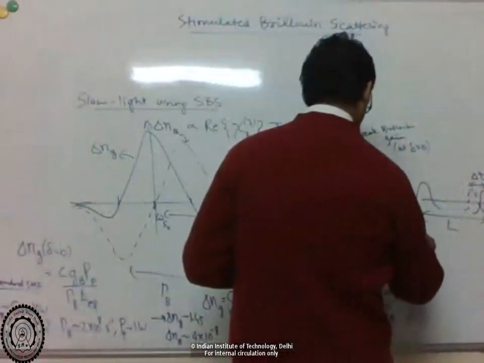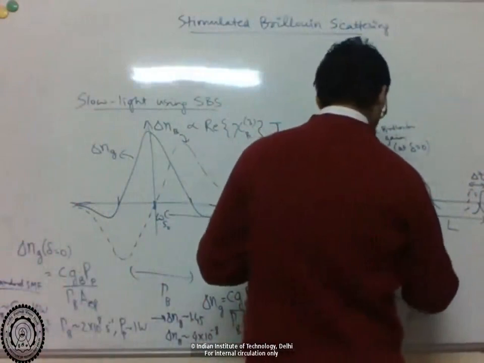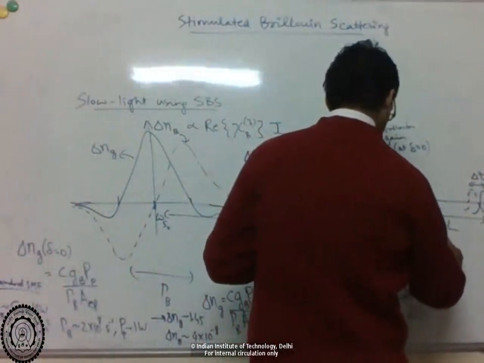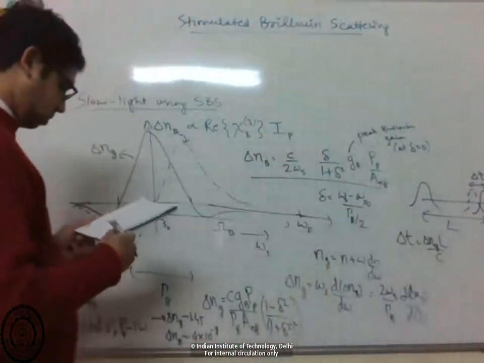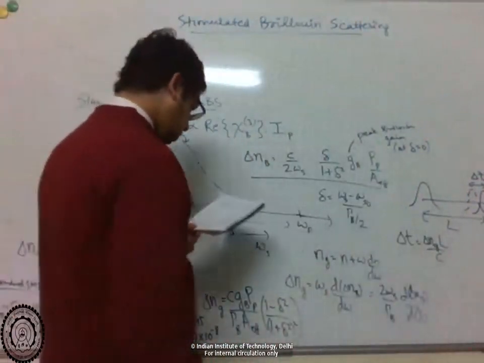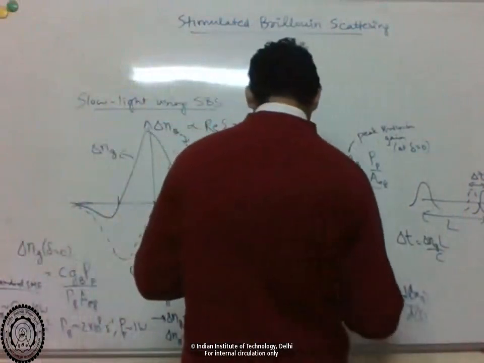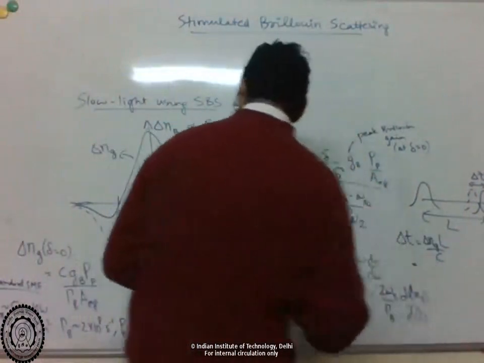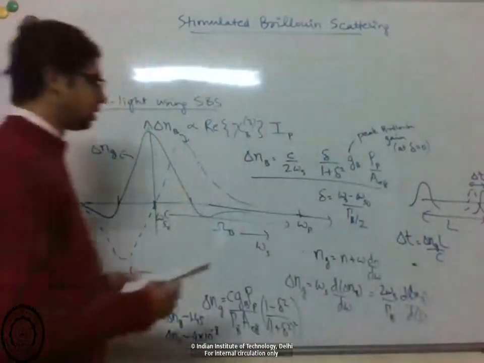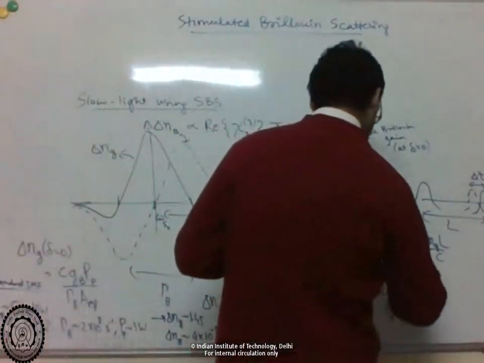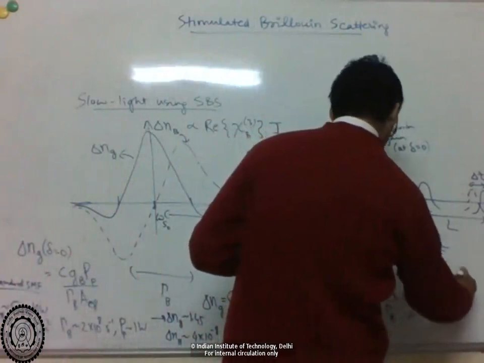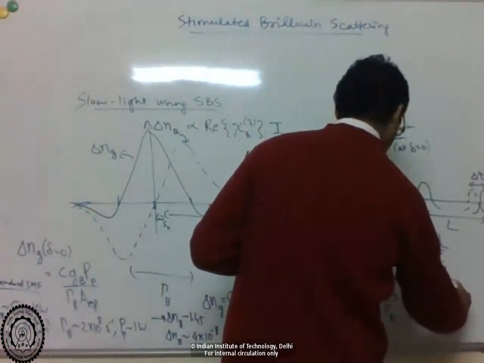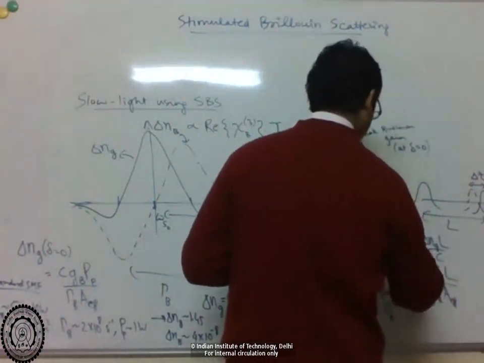So the delay delta t, again will be this change in the group index times L by C. Right, so if I put the value of delta Ng here, you get GB pump power L over A effective.